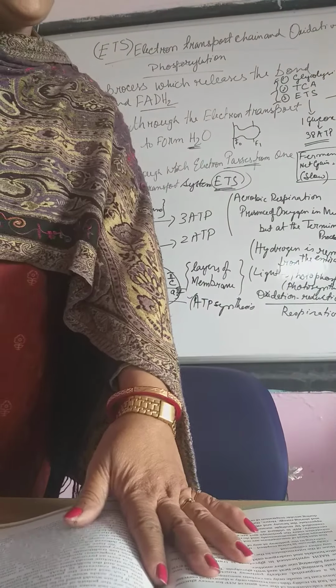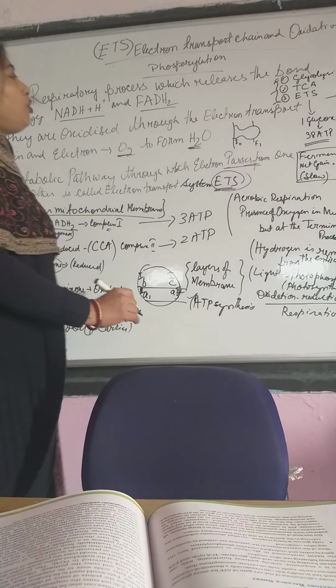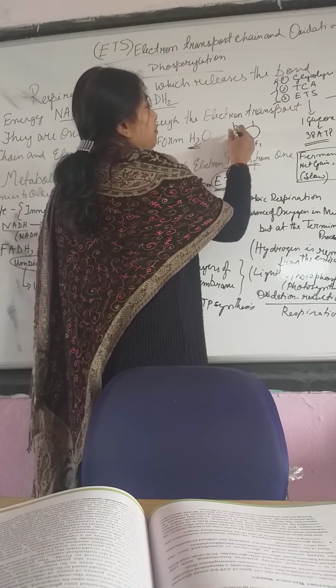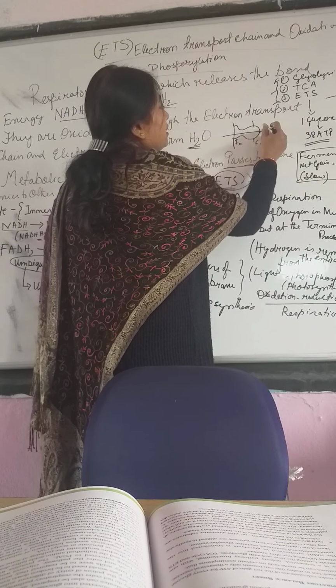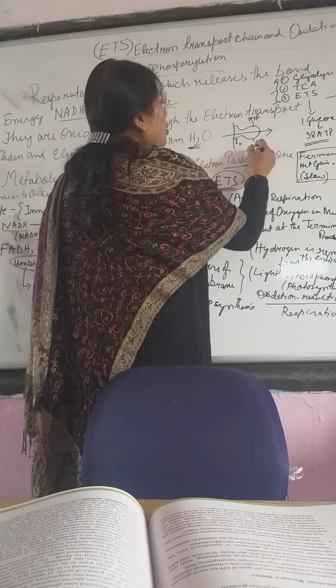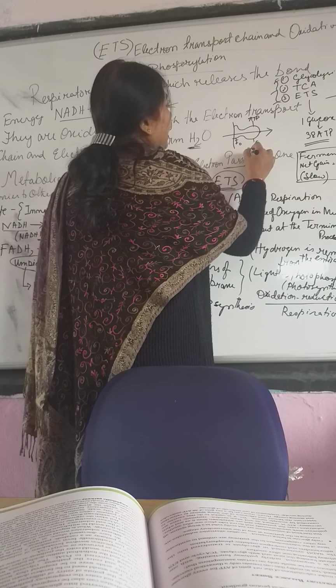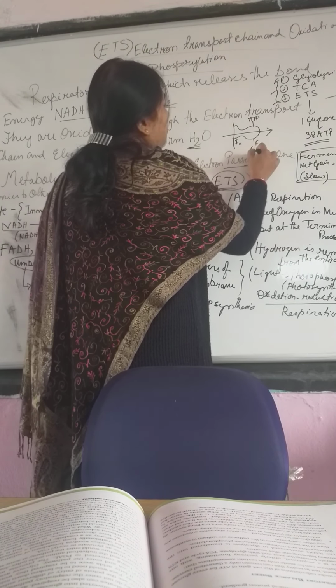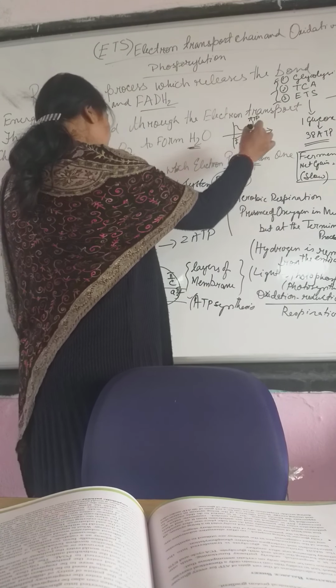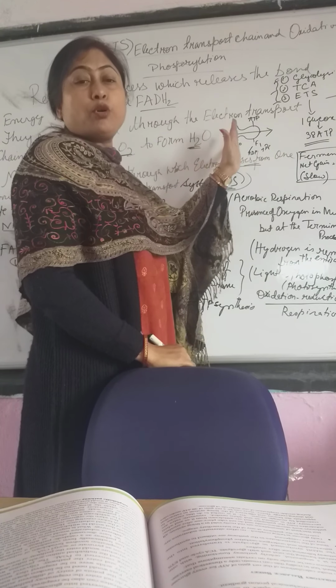So now here it is a proton gradient, and hydrogen enters through this path, and here ATP is produced from ADP plus Pi. So this is the entry and this creates a proton gradient.